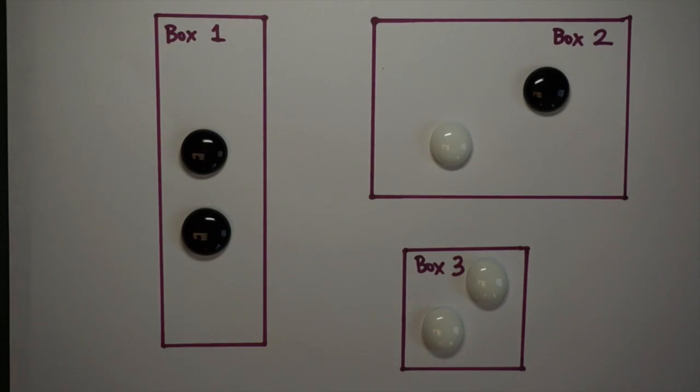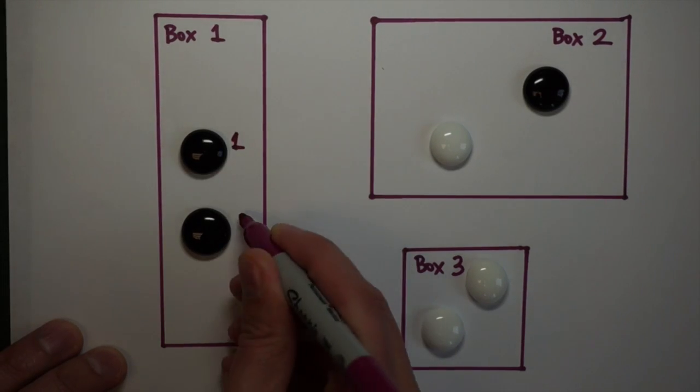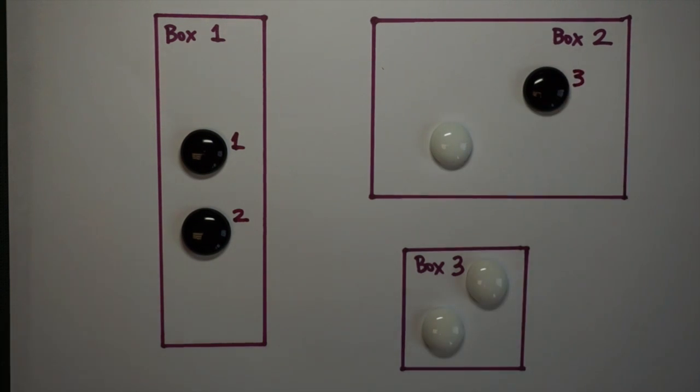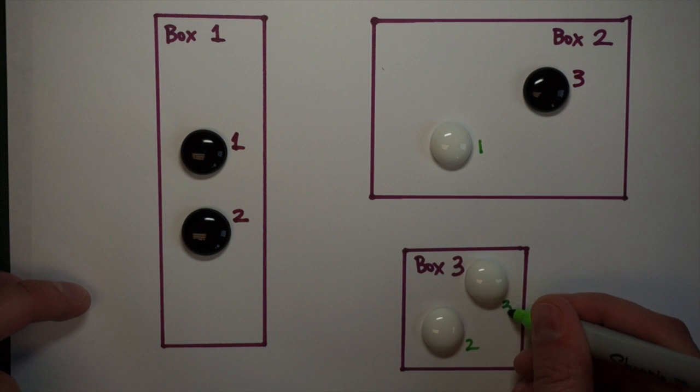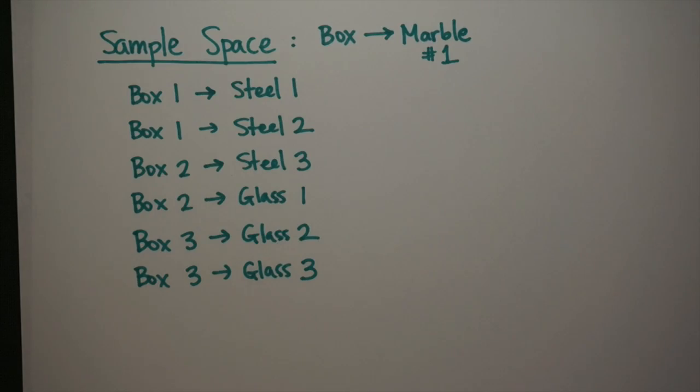Well, the key is that every single one of my marbles is different. So I have 3 steel marbles, or black stones, and 3 white marbles, which I can label with the numbers 1, 2, and 3. My sample space then looks like this. I pick which box I'm going to take, box 1, box 2, or box 3, and then I pick which marble out of the box I'm taking, steel 1, steel 2, steel 3, glass 1, glass 2, or glass 3.